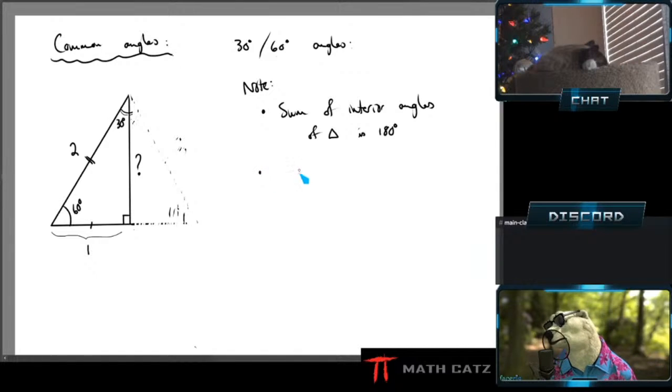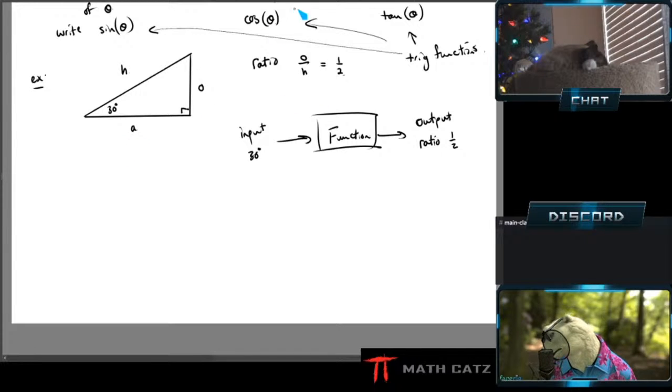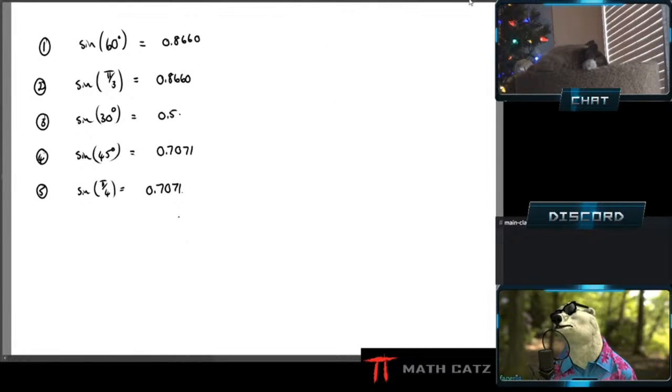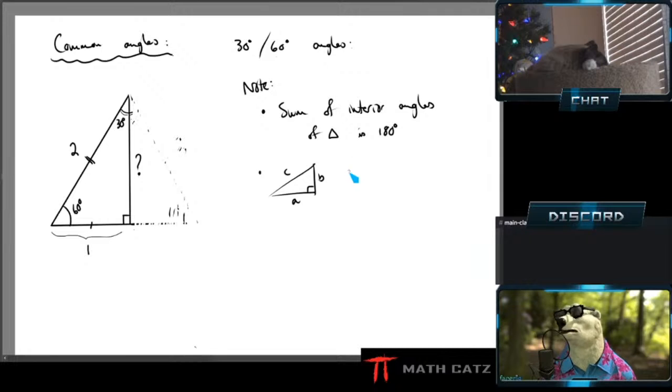In comes Pythagoras. If I have a right angle triangle, let's call this A, B, and C, not to be confused with this A, though luckily it's in the same position. Pythagoras, which we've also discussed, says the sum of the squares of the perpendicular sides is equal to the square of the hypotenuse.